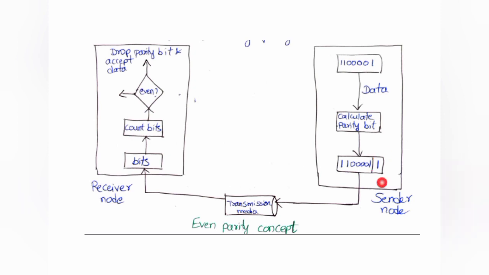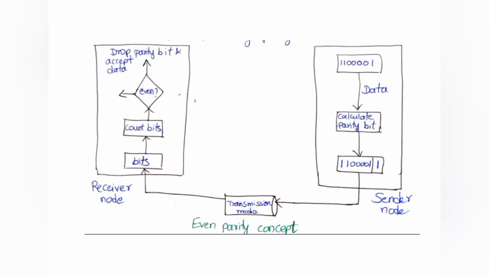By using the even parity concept, we have to add only one redundant bit to the message at the sender side, and this message is allowed to transfer through the transmission media to the receiver node. At the receiver node, it will consider the given message and check whether there is any error in the given message or not. It will count the bits and perform the error detection method, that is the even parity, for the given message.